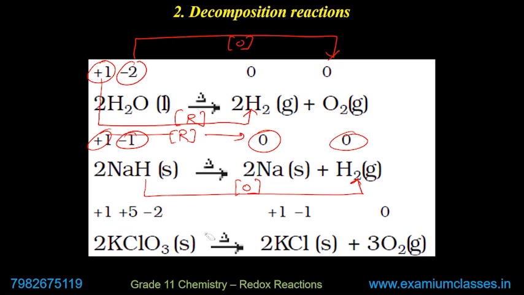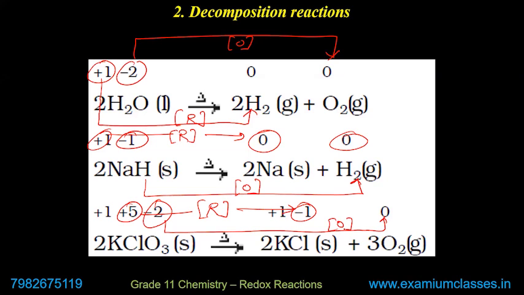So potassium will not be considered. Here also it is compound. Here also it is compound. So no change in oxidation state. Okay. But chlorine +5 to -1 reduction. Oxygen -2 to 0 increase, oxidation. So all these examples you should write and memorize. Whenever these questions are asked, you need to write these examples.